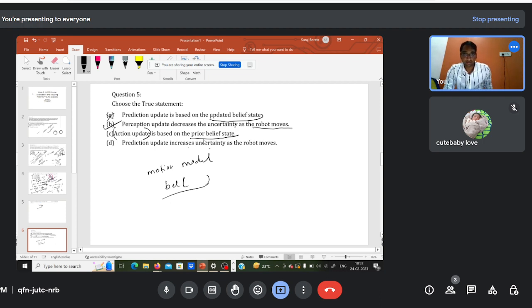Can you tell me, is it true or false? Prediction update increases the uncertainty as robot moves. Whereas here it's written prediction update decreases the uncertainty as robot moves.